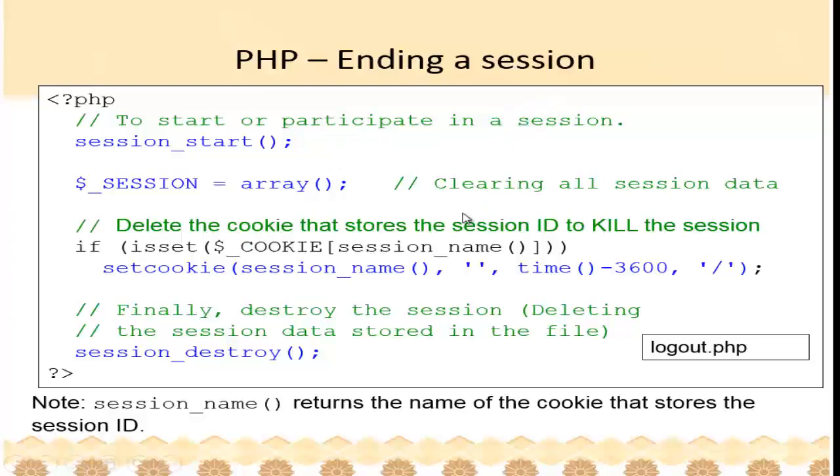So when the user is logging out, you close the session and you tell the browser that the cookie is expired. So current time minus 3600. That means to tell the browser that this cookie has already expired, and then you destroy the session.